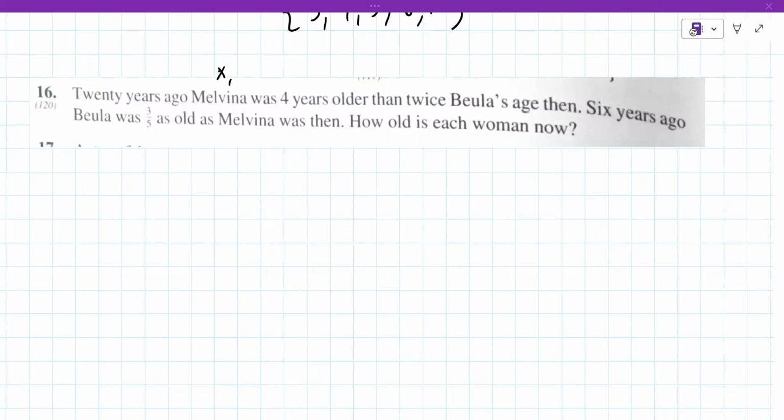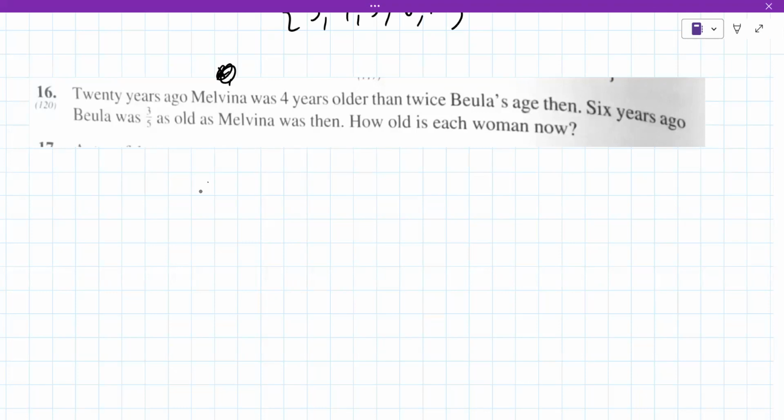So I got M subscript 20 equals 4 plus 2B subscript 20. So basically, when they're 20 years old, M equals 4 plus 2B. And in this next one, subscript 6, B equals 3/5 M. And so that's in our book how they're set up, basically.